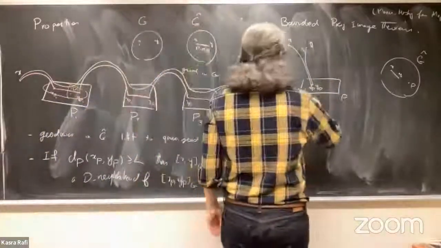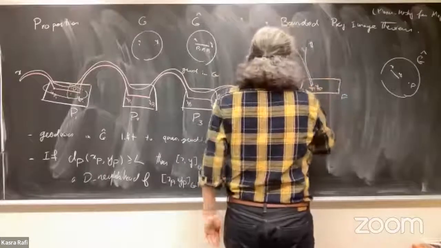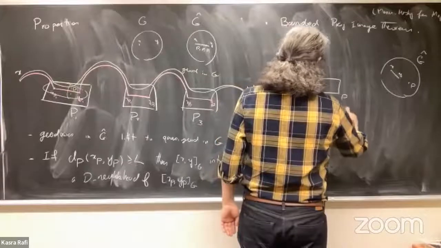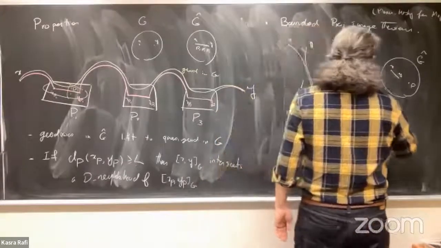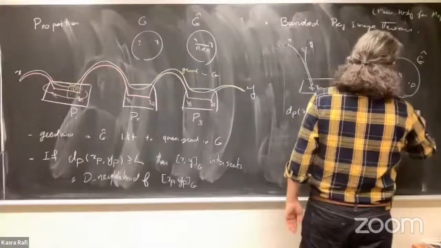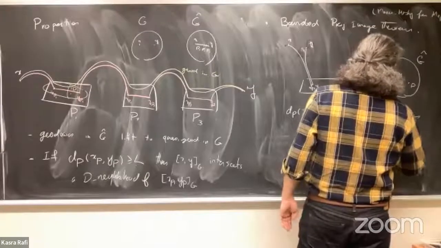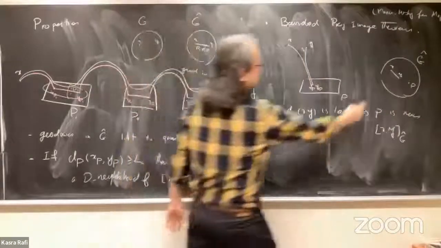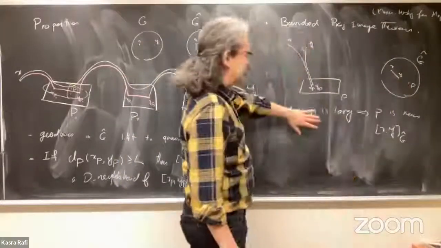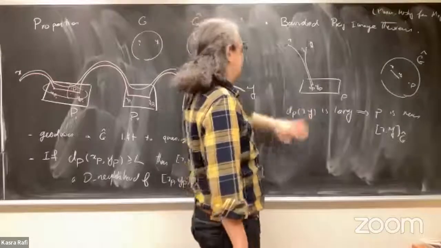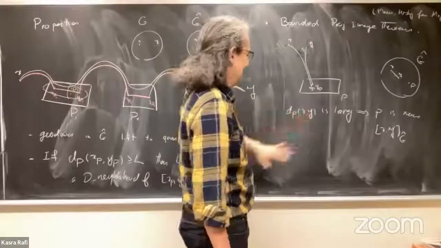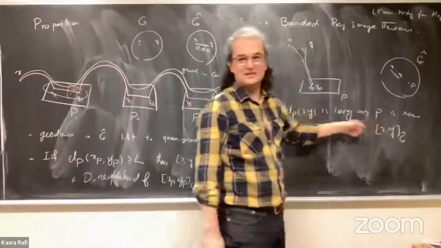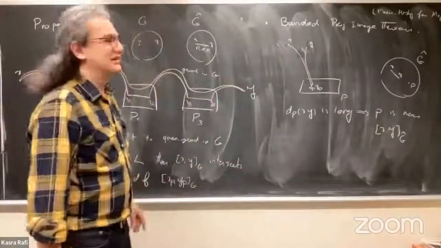You can write the contrapositive: if d_P(X,Y) is large, then P is near the geodesic XY in G hat. P has to be near. If P is nowhere near this, then the projection is bounded.